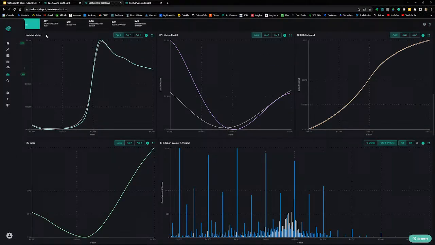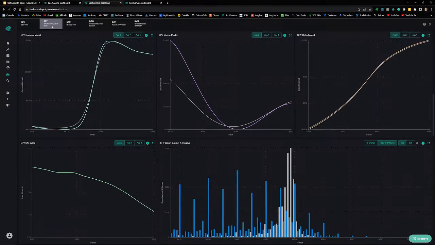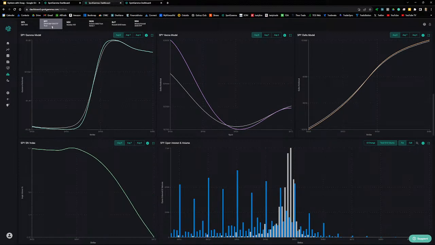That is SPX. We'll take a quick look at SPY. So right now, SPY is trading right around 447. So trading above the low of the day, but still firmly in the negative gamma portion of the Vanna model here. So again, expecting larger moves, market makers trading with price.